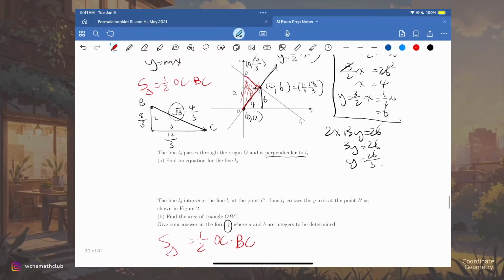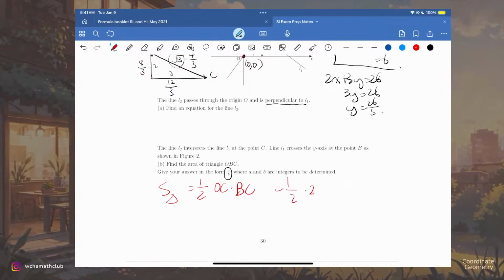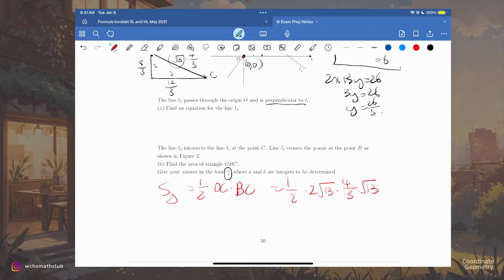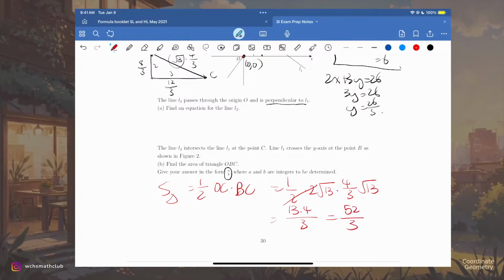Again, remember there's a right angle, so we can just use 1/2 base times height, which equals 1/2 times 2 root 13 times 4 over 3 root 13, and the 1/2 and 2 cancel. Square root 13 times square root 13 is 13 by definition, so it's equal to 13 times 4 over 3, which equals 52 over 3, I think.